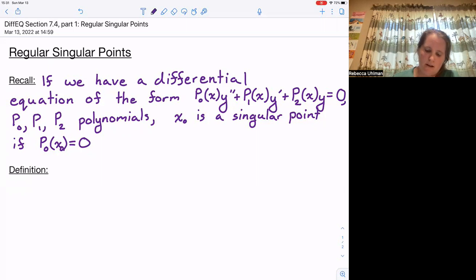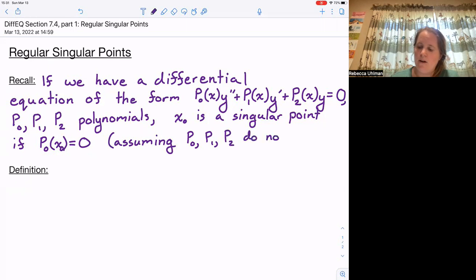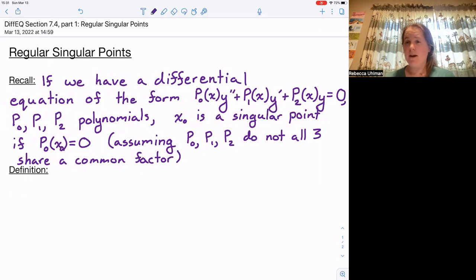So basically, assuming P0, P1, and P2 do not all three share a common factor. If they did, we could simply divide through by that common factor until it was no longer a common factor to all three.